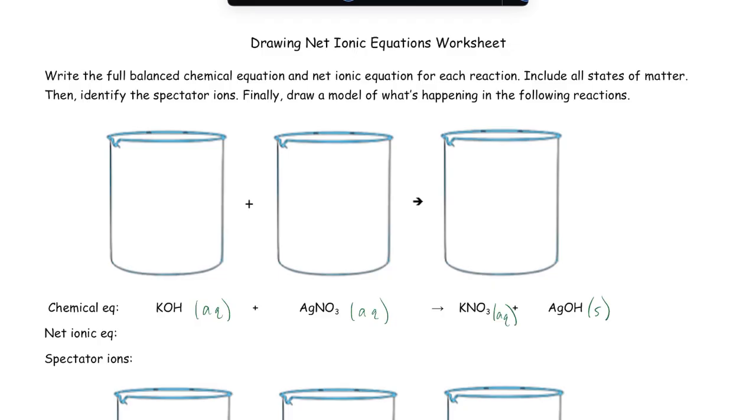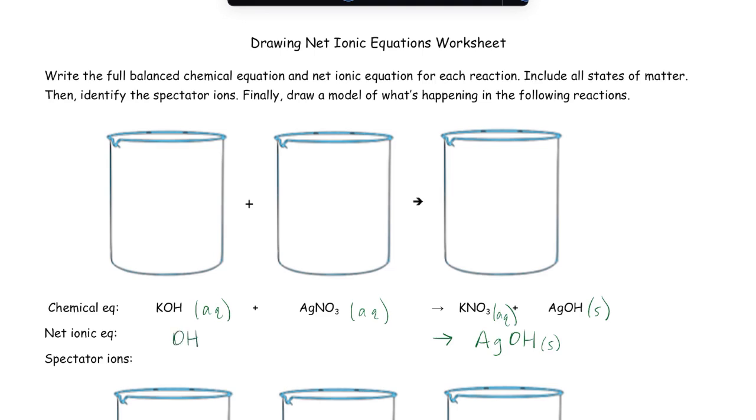So now let's do our net ionic equation. For our net ionic equation, what I like to do is put in my products my precipitate, which is silver hydroxide, and we also still do our state of matter there. And now from each of our reactants, what ion is it that goes into our precipitate? So that would be the hydroxide.